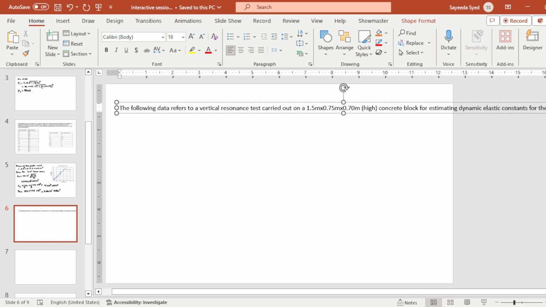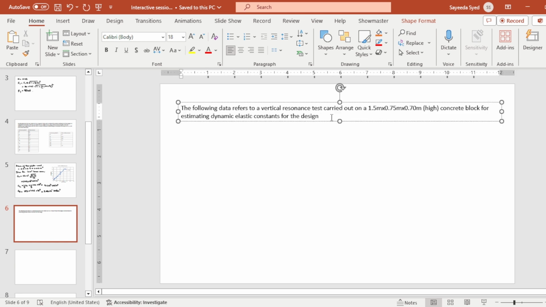Let me rescale this. For the design of a forge hammer foundation. The test was carried out at a depth of 6 meters below the ground surface.